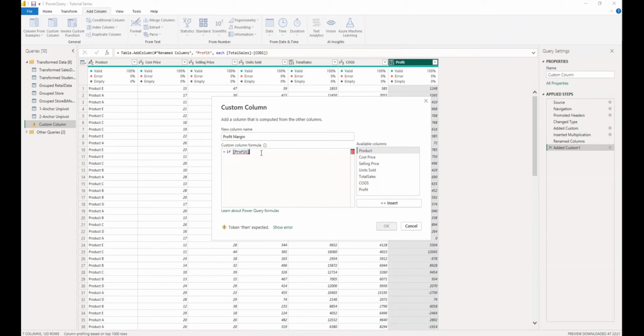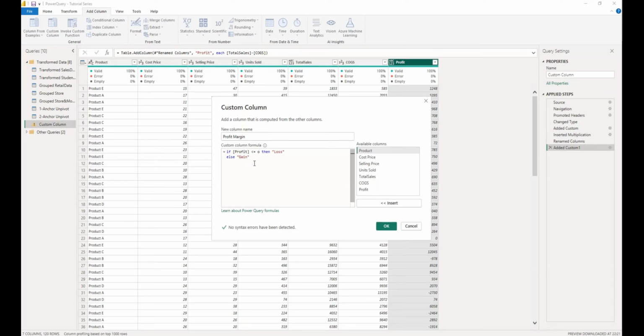If profit is less than or equals to zero, then call it loss. Else, it is gain.